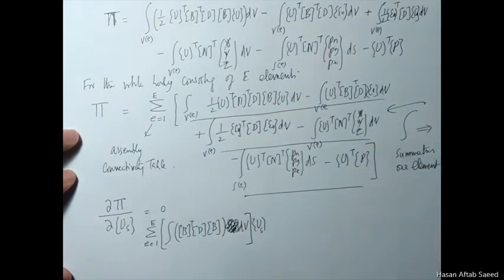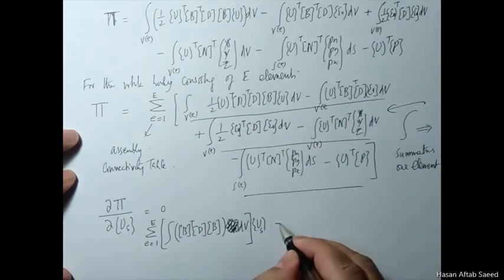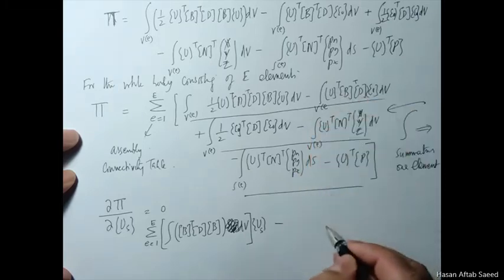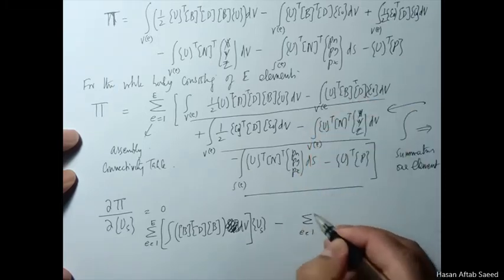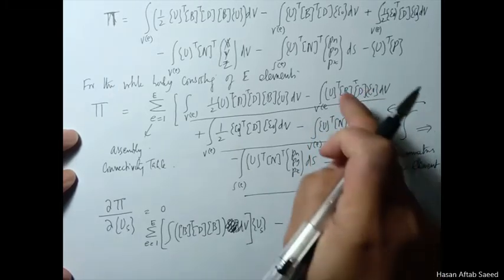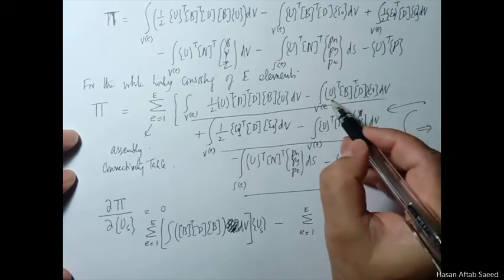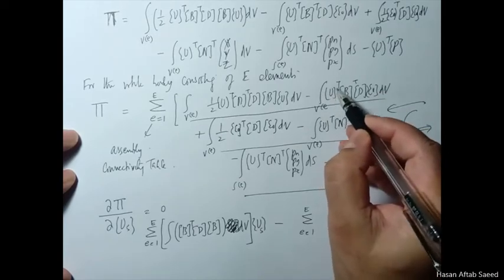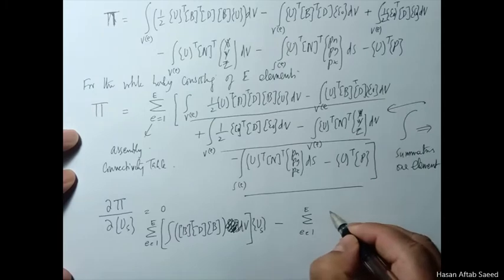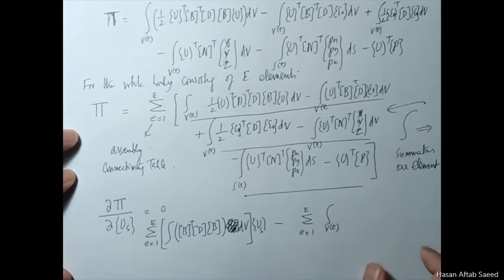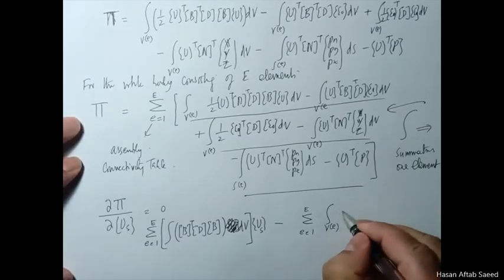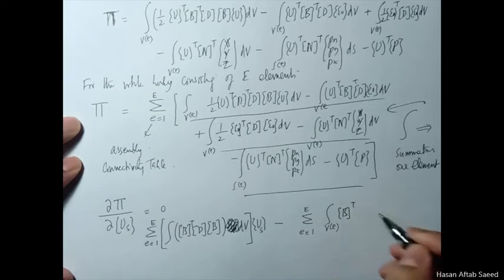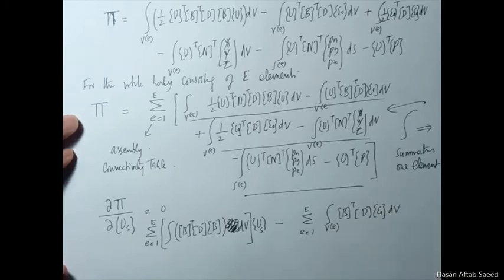So this is one thing. Then similarly you will get, let's see this. Here again you don't have a square of u, it's just u. So what we get here is B transpose D epsilon naught dV.